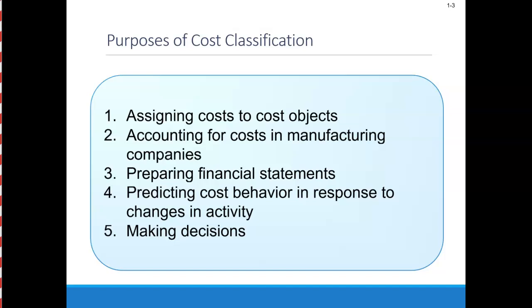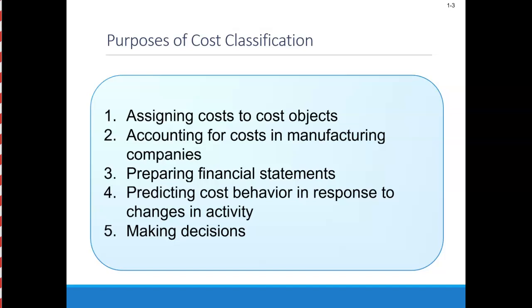We classify various costs. And the way in which we do that, we assign costs to what we call cost objects. Accounting for costs in manufacturing companies is a whole different animal than when we do it in the service industry world. We're going to learn then how we're going to prepare financial statements based on the inventory that happens with manufacturing companies.